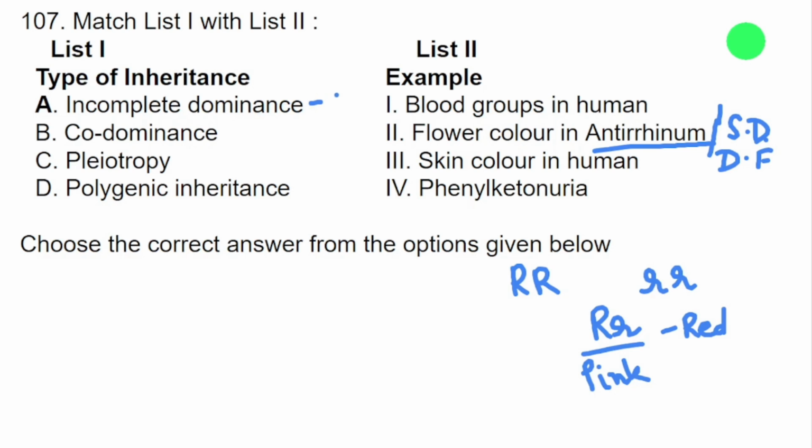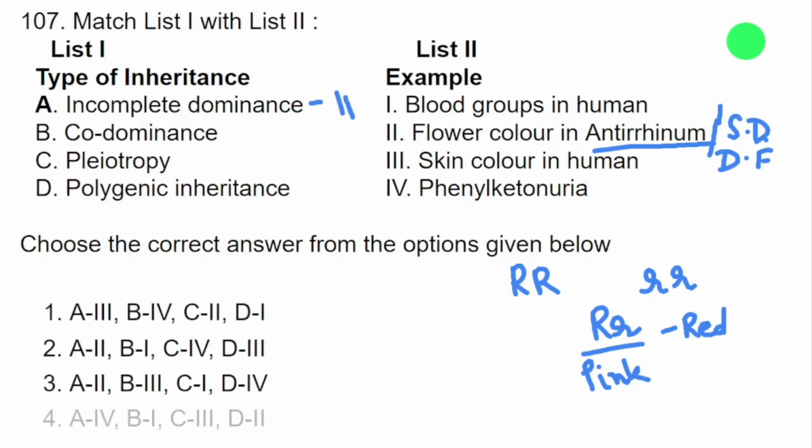So A is 2. Let's look at the options. A2 is in option 2 and 3. So we mark 2, we eliminate 1 and 4. Now we have to rule out between B1 and B3. B1 is codominance, blood group antigens. Yes, so B is 1.